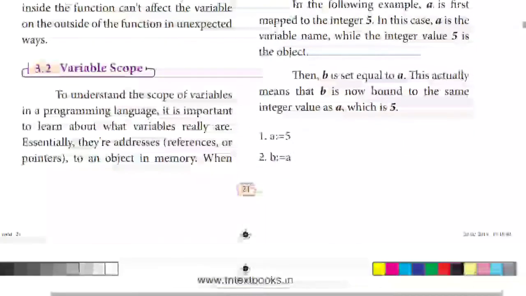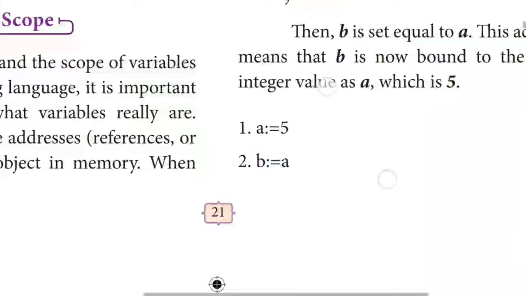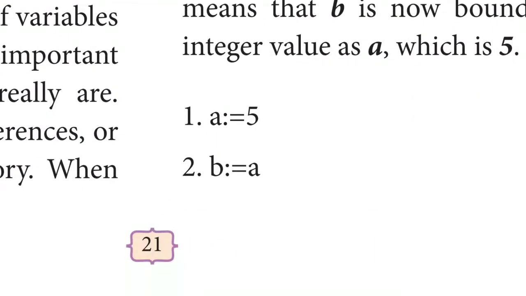Here they have given one example. a is equal to 5. Next, b is equal to a. Now the value of a is 5, and they are changing the value of b to 5. Indirectly they are giving the value of a to b.